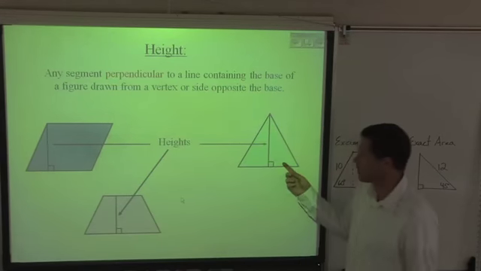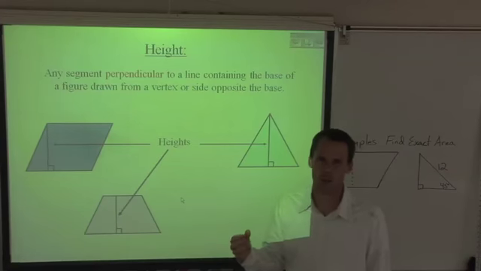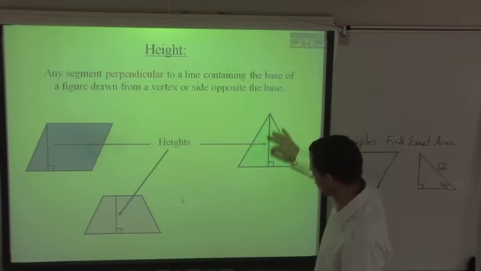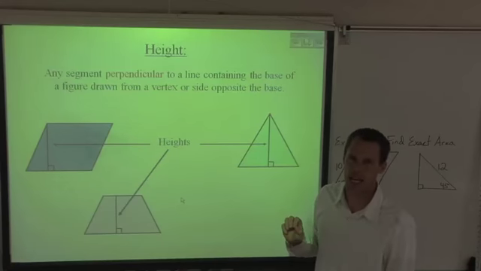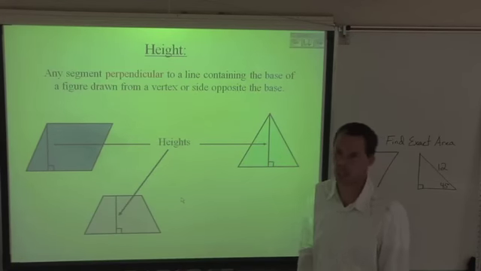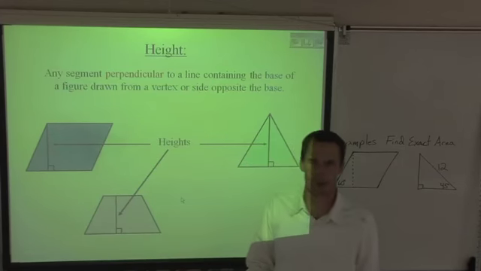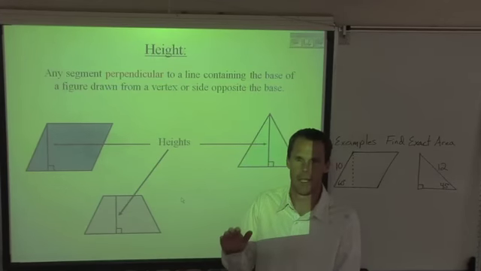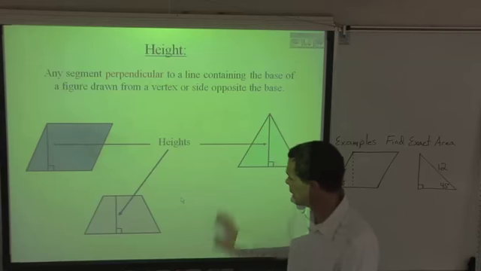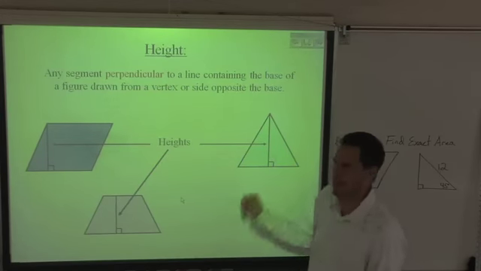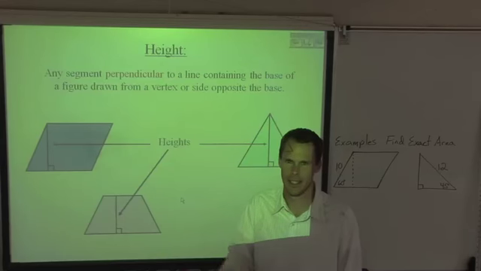In a triangle, the height is just another word for altitude, from a vertex, perpendicular to the opposite side. So height and altitude are the same thing. In a trapezoid, the height is the perpendicular distance between the parallel sides. So these are three areas where we will want to see these segments as being called height.